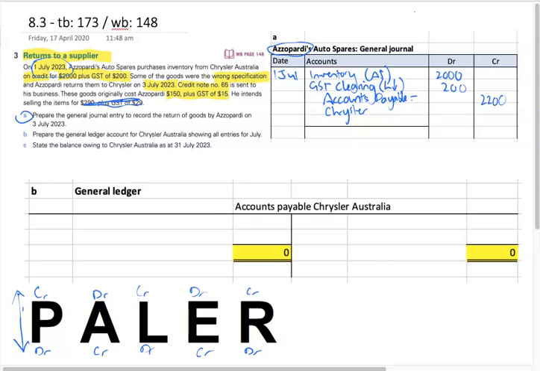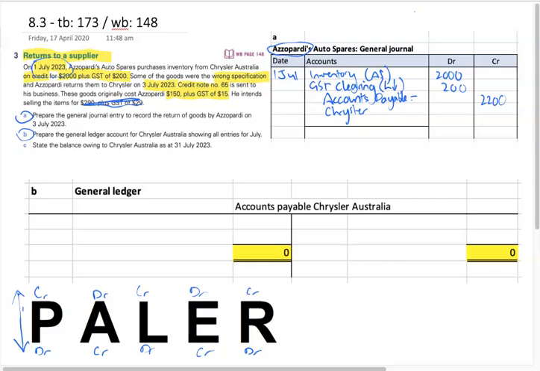So that would be the 1st of July transaction, and we're going to jump around a little bit. You can see that in B, we're required to prepare the general ledger account for accounts payable Chrysler Australia for all the entries that happened in July. Did this transaction that we just did occur in July? Absolutely, it was on the 1st of July. So we have actually something to record in our general journal here.